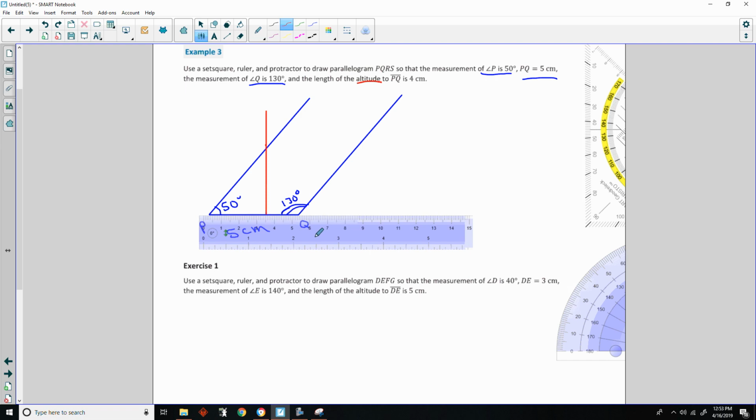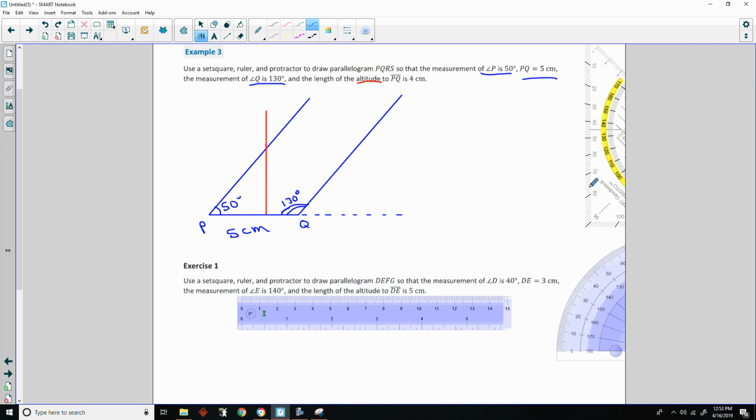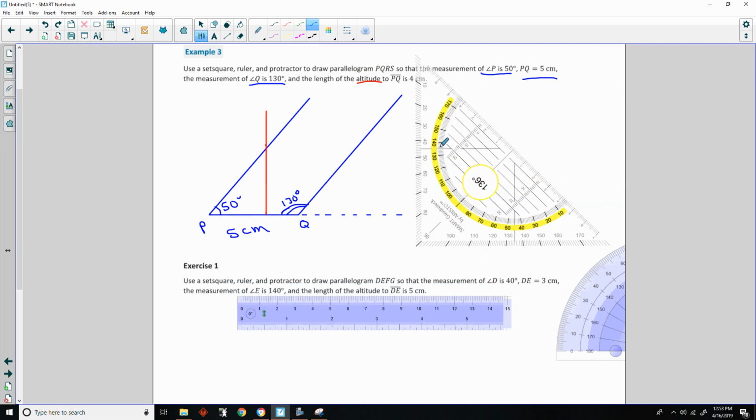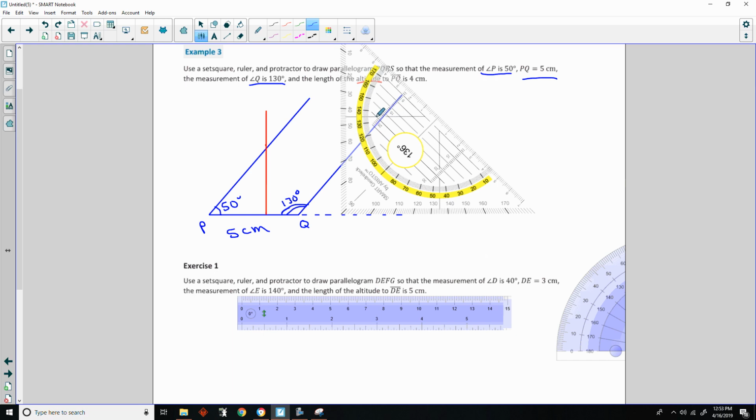I put my ruler back on this so it lines up, and I'd extend my PQ out with a dotted line, okay? And somewhere on that dotted line, I would put the square so it lines up just like I did before, and then draw a vertical line like so.